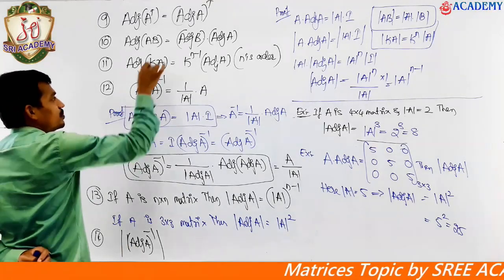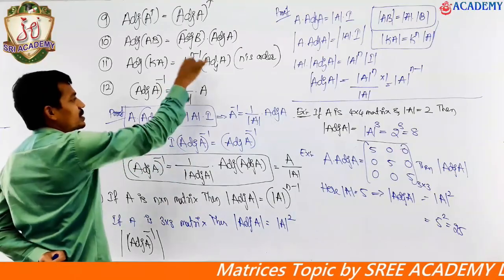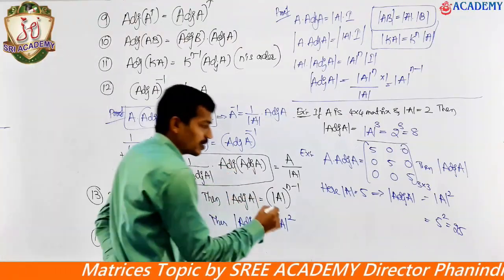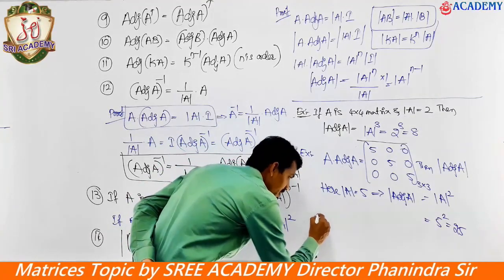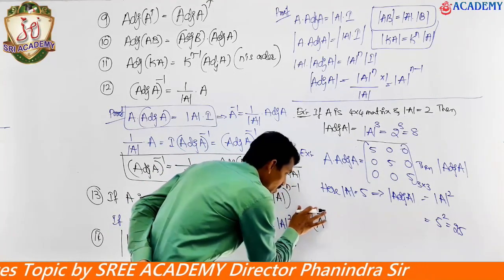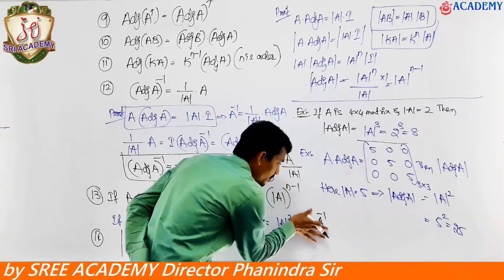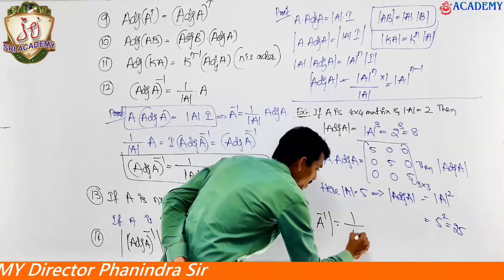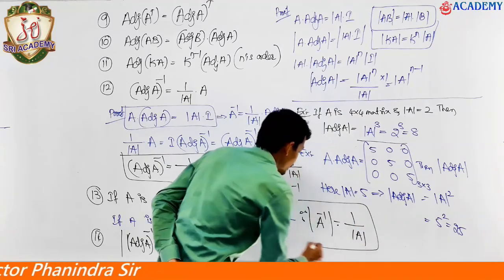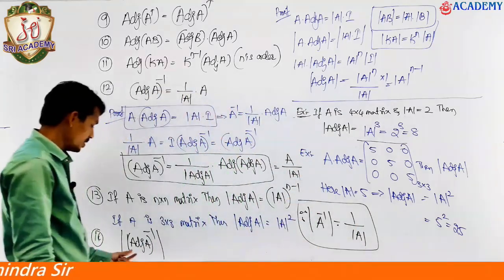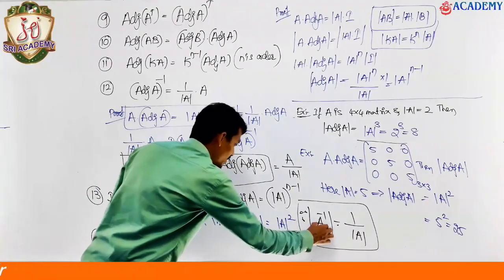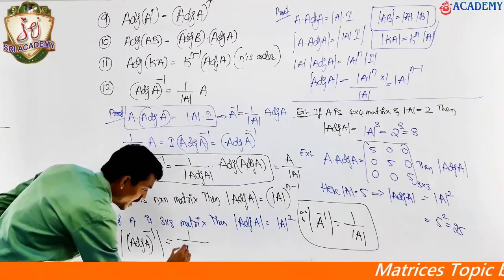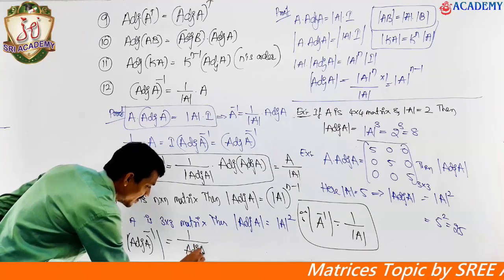We know determinant of A inverse equals 1 by determinant of A. Same thing, in place of A we have adjoint, so we can write 1 by adjoint of A determinant.